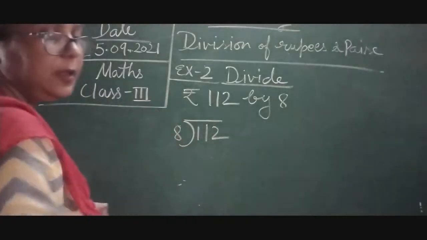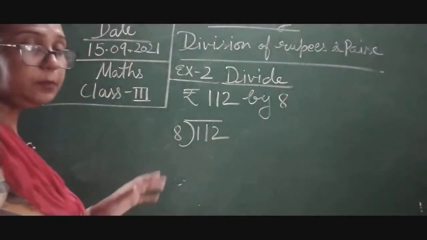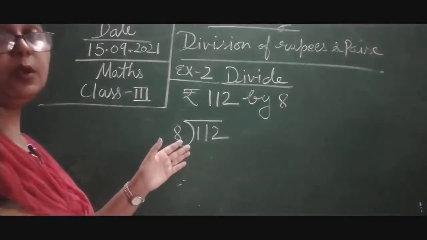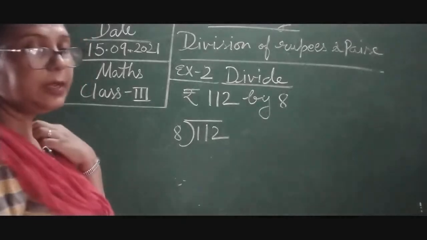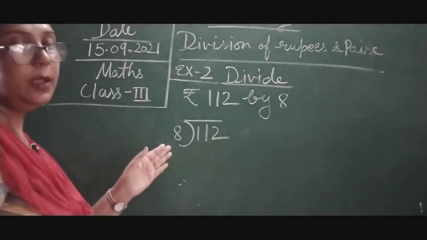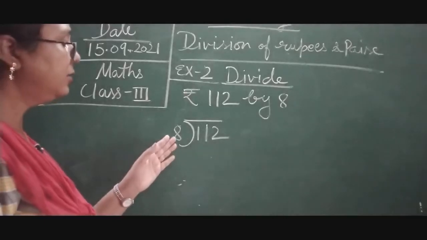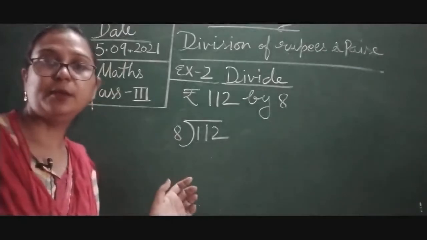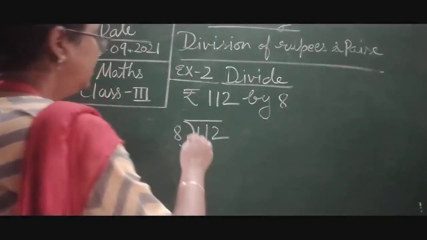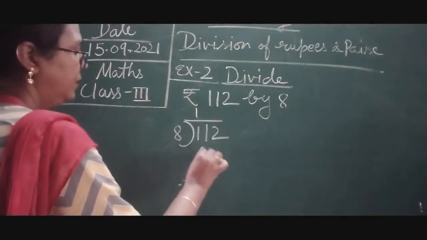How can we divide this? First of all, we see that there is only 112 rupees. We start from the table of 8. In the 8 table you can't get 11, so we take 8 one time.